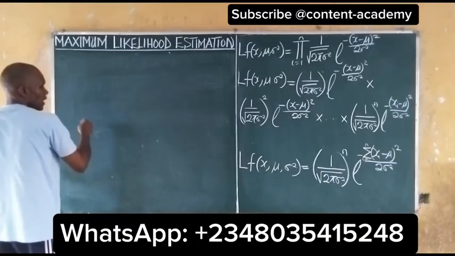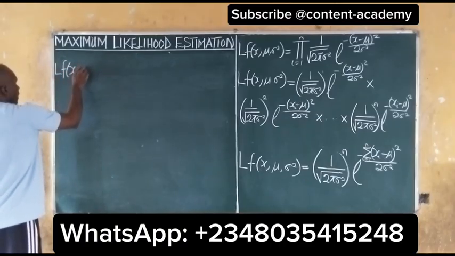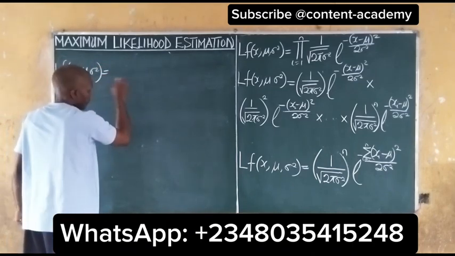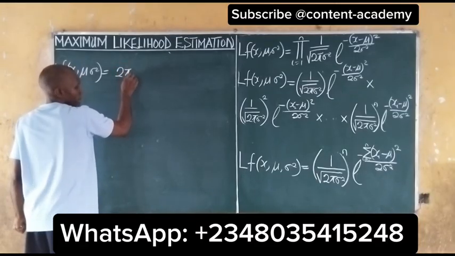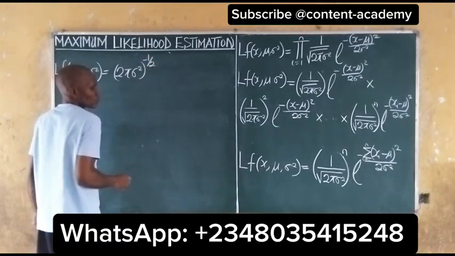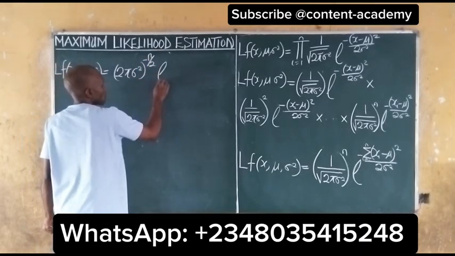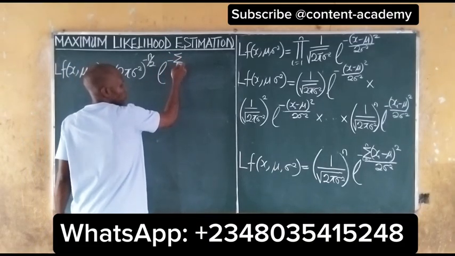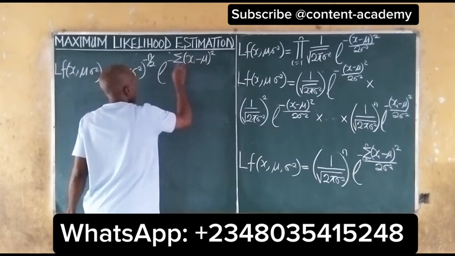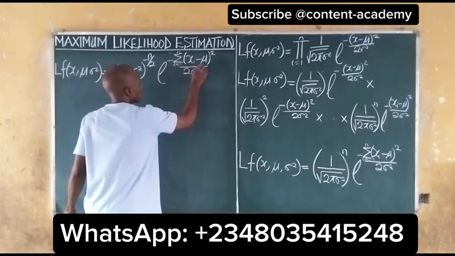We can write it as the likelihood function of x, mu, sigma equal to 2 pi sigma squared to the power of negative n over 2, times exponential negative the summation of (x_i minus mean) squared, as i runs from 1 to n, all over 2 sigma squared.